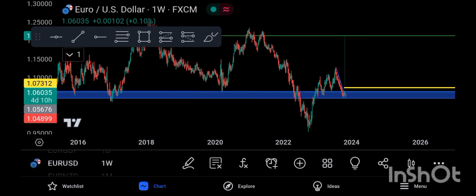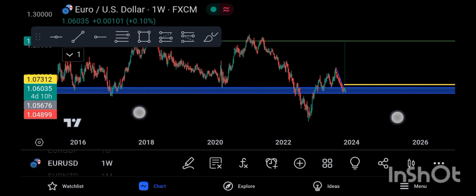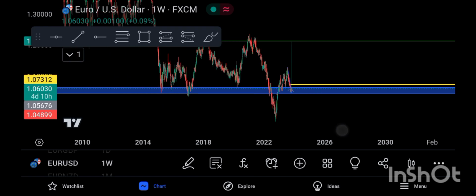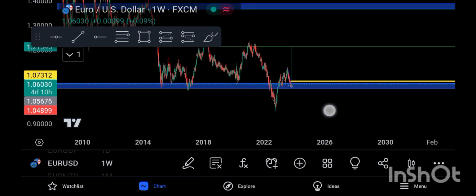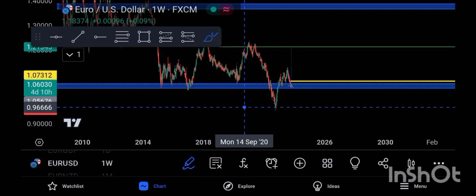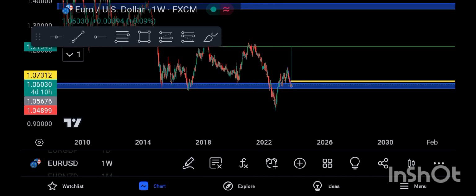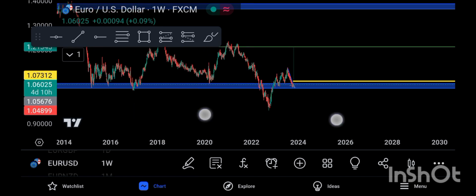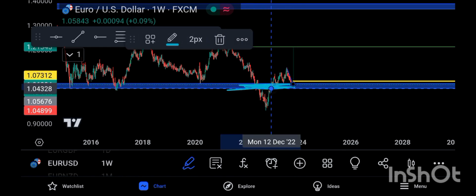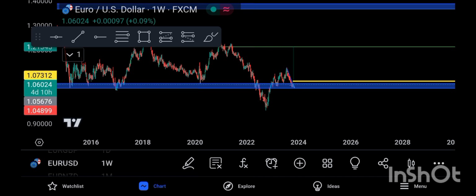Alright, so now we can see the price has currently made a new lower low right here and retraced back. But the interesting thing now is the retracement has broken the major zone and seems to be respecting it.